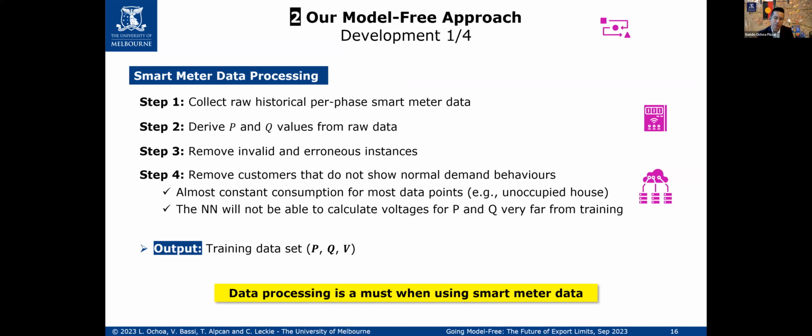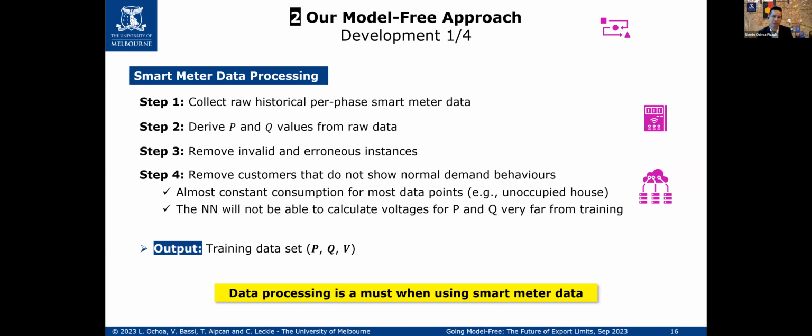Then you also remove invalid and erroneous instances. Sometimes voltages, as I mentioned, here in Australia, single phase customers will have voltages around 230 volts. There are limits, for sure, because voltages fluctuate, but 100 volts is something unexpected for steady state situations. So you remove those weird voltages. They can happen, by the way, not just with voltages but also with currents, etc. You remove the weird stuff that can happen.